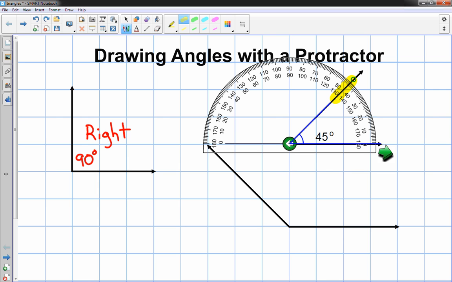Or is it between 130 and 140, which would be 135? So you have to understand that this angle is not open very much. It's open less than 90 degrees, so it's the smaller number. It's 45 degrees.